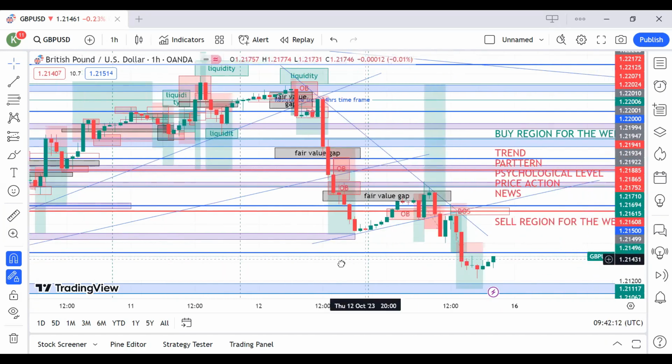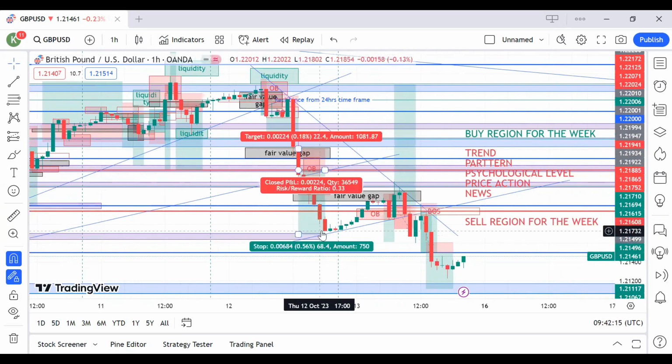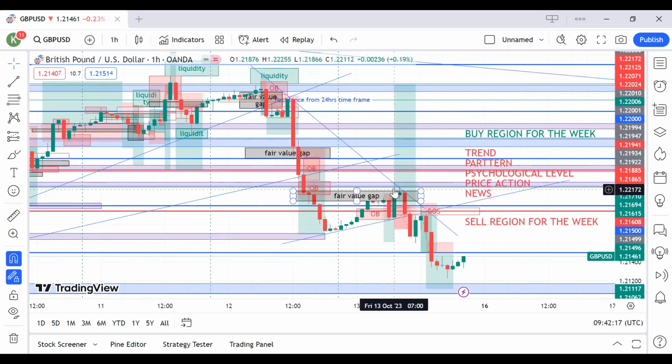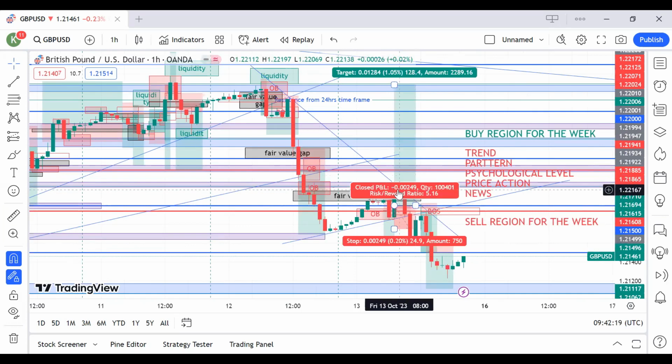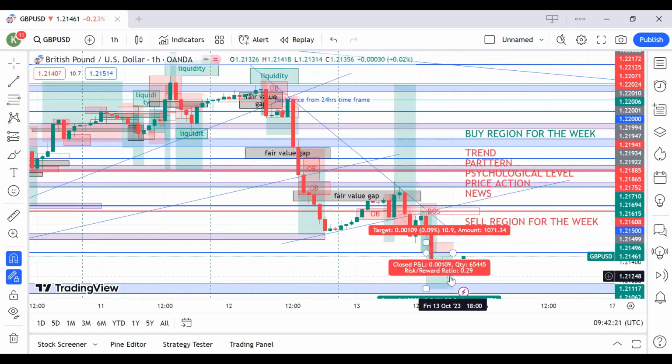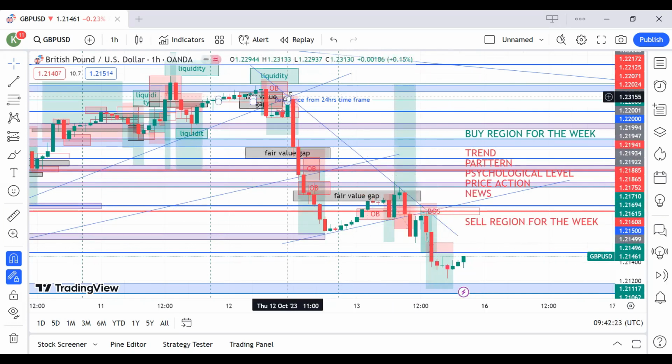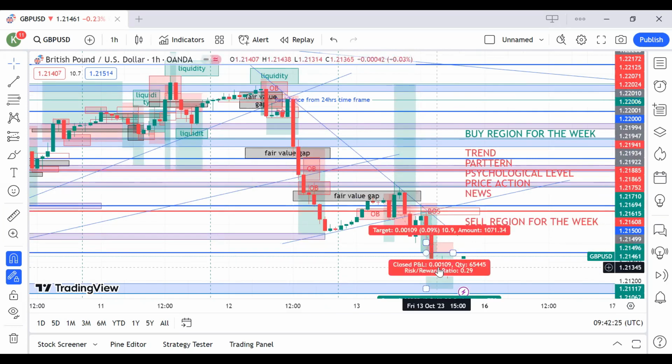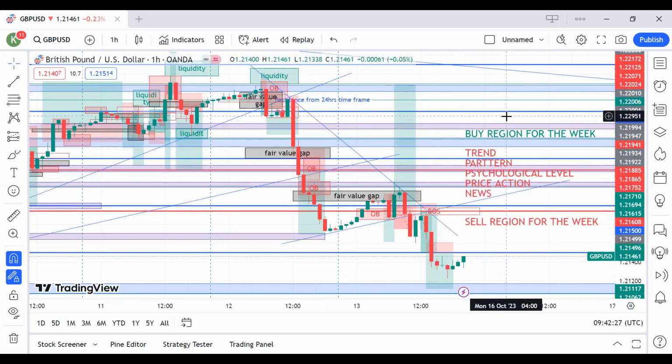At this level, it gave a little bit of reversal, which someone can still take more entries until this level. Imagine taking this trade from this point to this point. That will be a lot of profits, and that can triple accounts, can double accounts, and do a lot of things for you in the market.